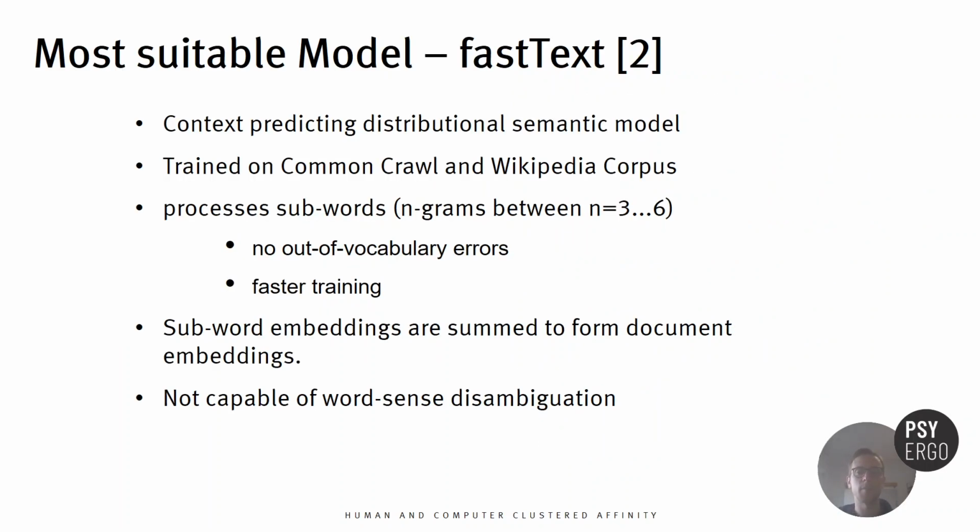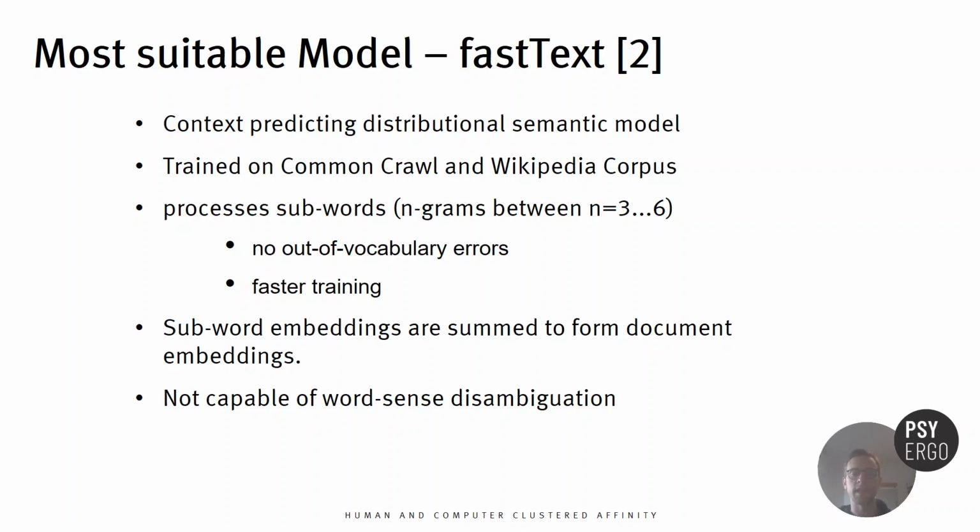FastText was published by Bojanowski and colleagues and falls in the class of context predicting semantic models. As the name suggests, it's fast to train since it processes subwords. Subwords model the internal structure of words like prefixes and suffixes, which is beneficial to morphologically rich languages like German. Bojanowski and colleagues chose all subwords of size 3 to 6 that occur in the corpus.